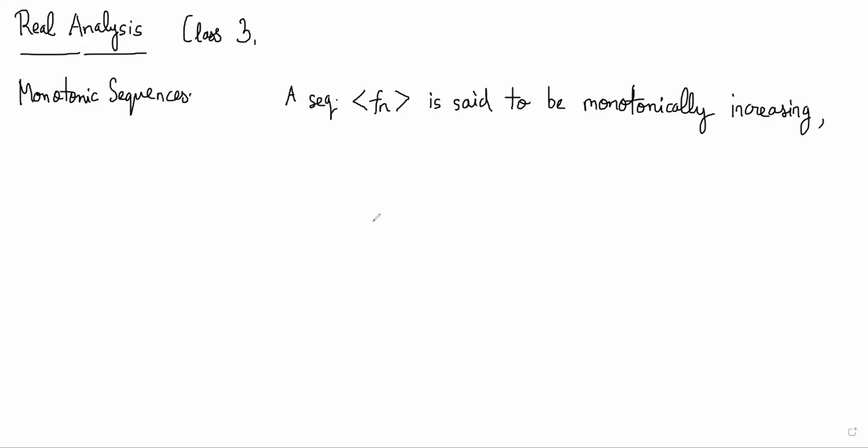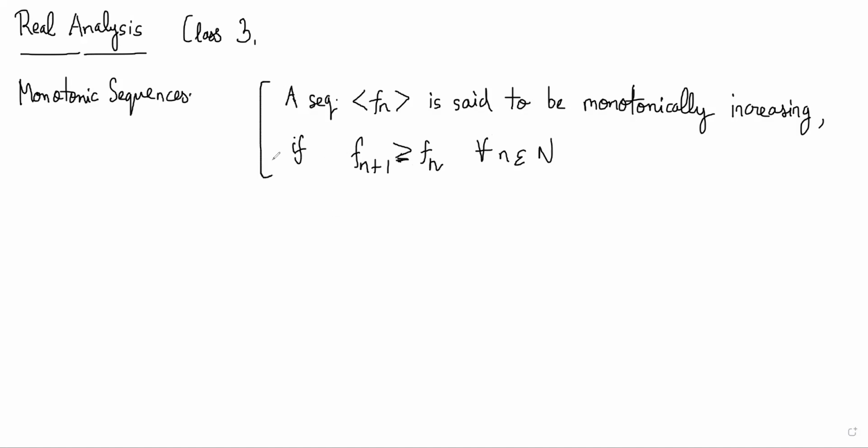Okay. So we'll begin with monotonic sequences. First of all, the definition: a sequence f(n) is said to be monotonically increasing if f(n+1) is greater than or equal to f(n) for all n belonging to natural numbers. Basically, every successive term is greater than or equal to the previous term.